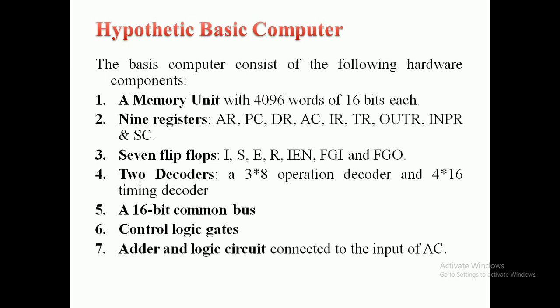The adder and logic circuit is connected to the input of AC. It provides 3 kinds of inputs to the adder logic circuit, and it gives a final output that is connected to the accumulator as an input.